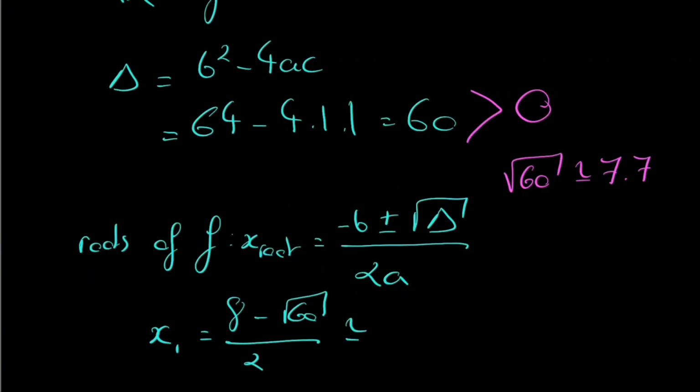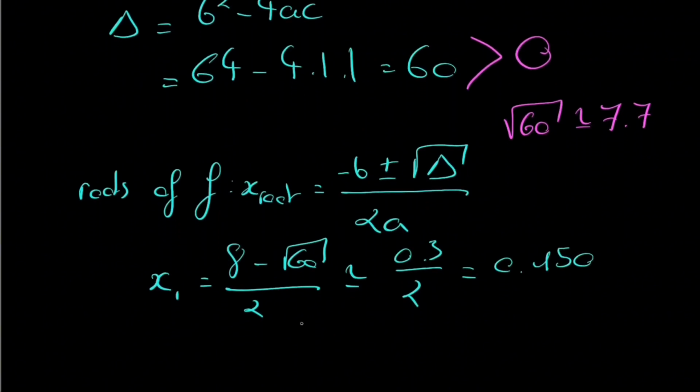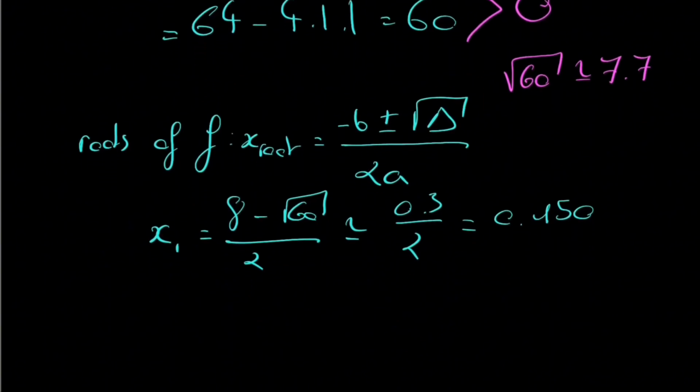And we've got something that is approximately equal to 0.3 over 2, which is 0.150. So we've got something that is not an integer, okay?